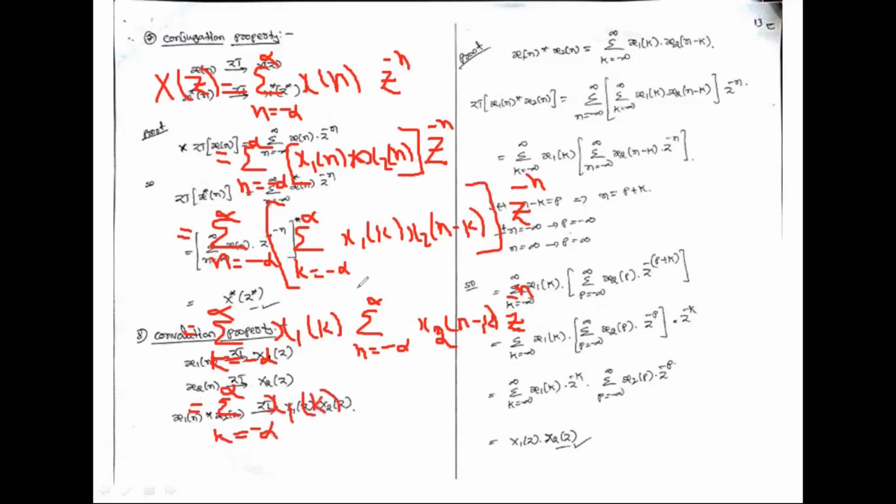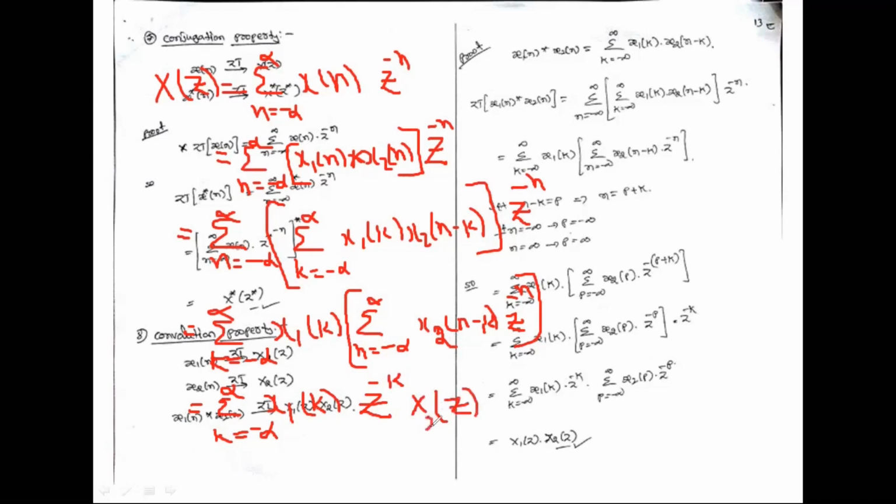Now I'm writing this total function, by using the shifting property, as z power minus k, multiplied with the unshifted z transformation. And what is the signal here? The x2.